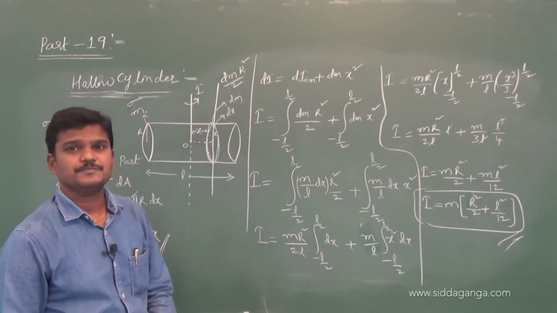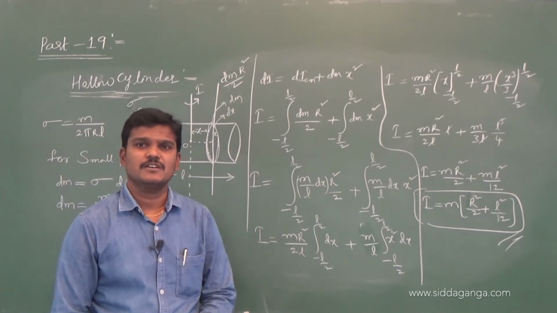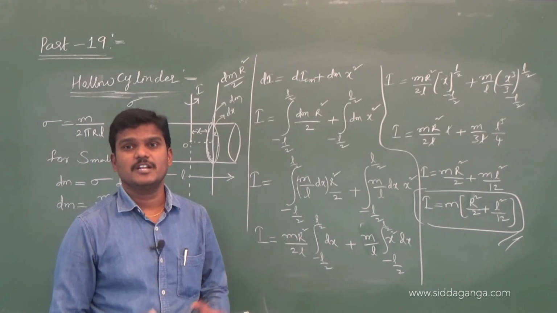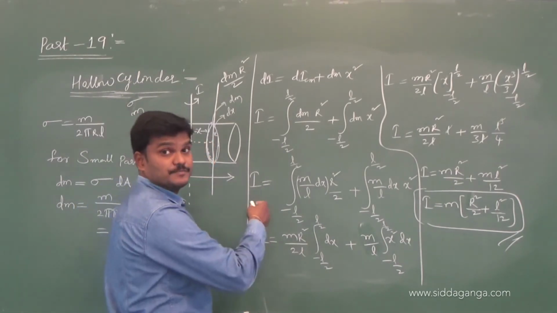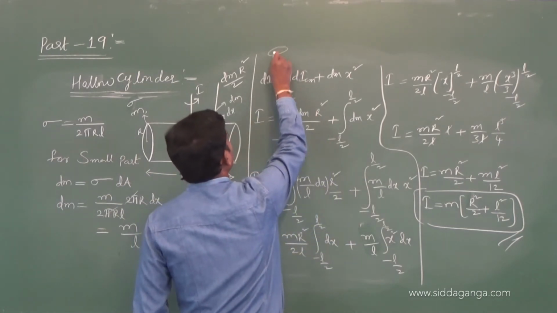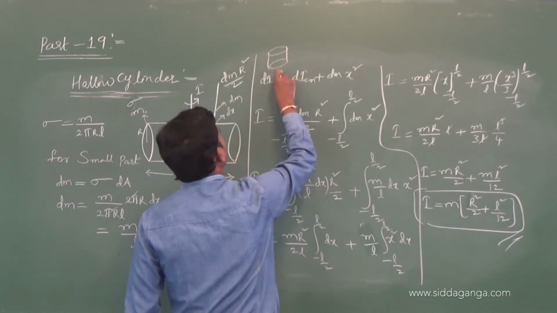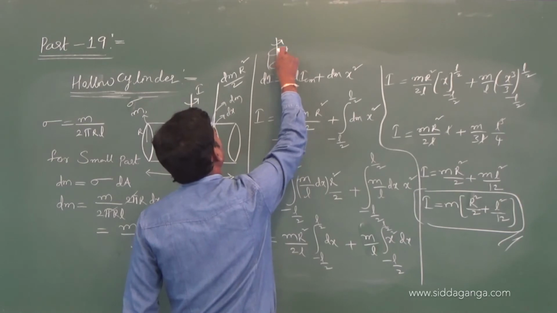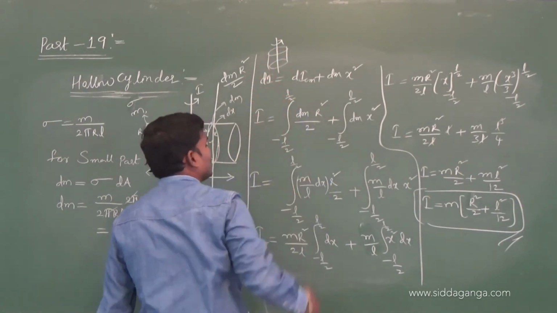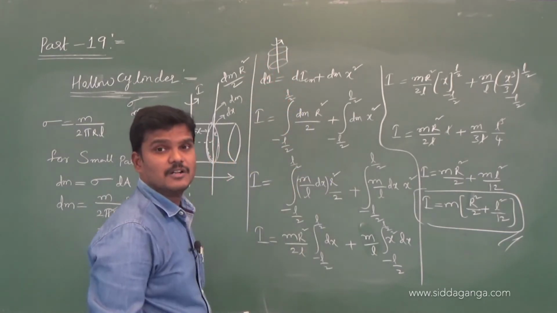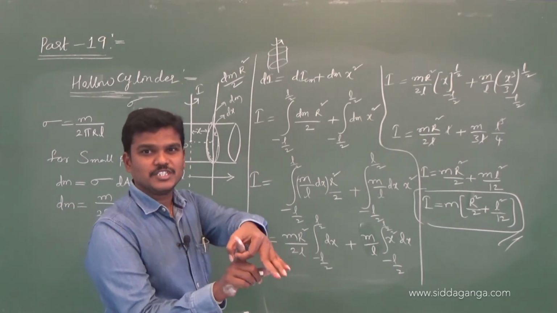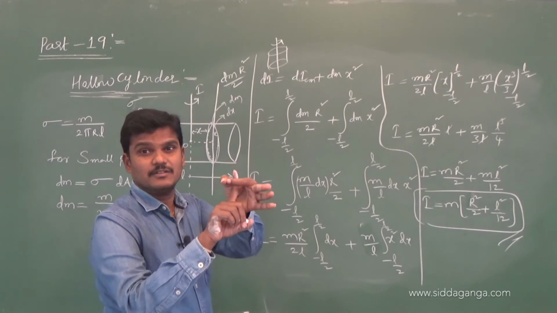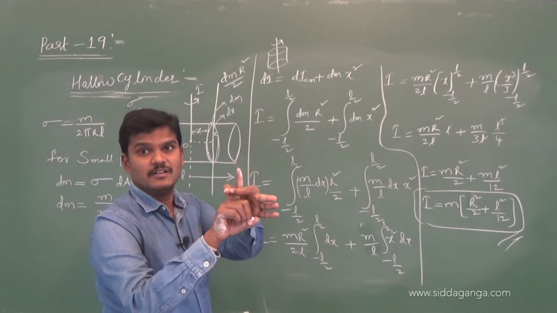And in the same way, we can get the moment of inertia about its own axis. Tell me, about its own axis. About its own axis means, see, this is the hollow cylinder about its own axis like this. So, take a small piece out. That small part looks like what? It looks like a circular ring about an axis passing through the center, perpendicular to the plane.